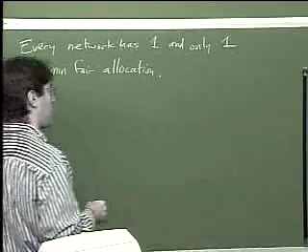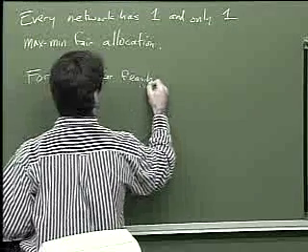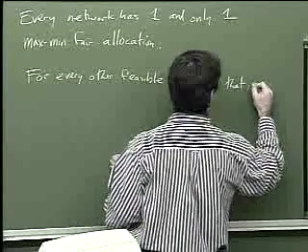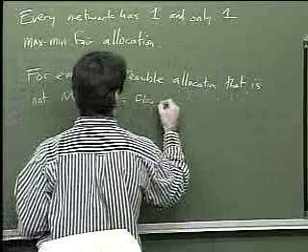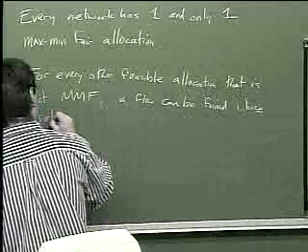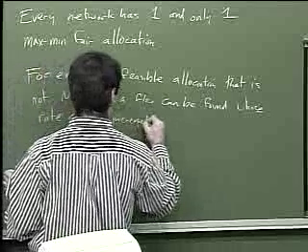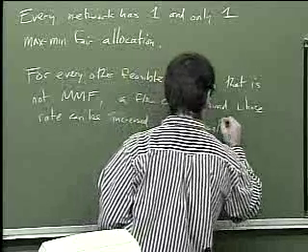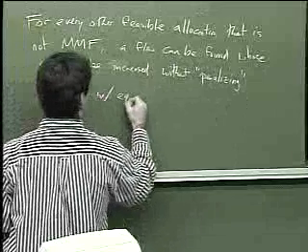Okay, so that means for every other allocation that is not maximum fair, a flow can be found whose rate can be increased, sorry, without penalizing a flow with equal or lesser bandwidth.